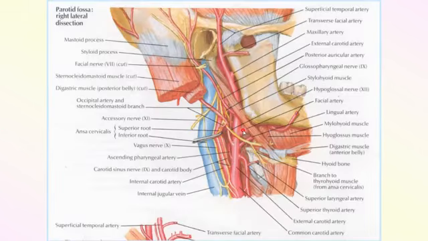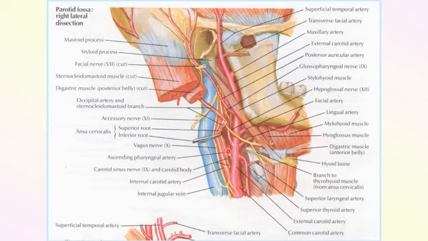So first, let's talk about the ascending pharyngeal artery, which you see right here. The ascending pharyngeal artery is actually going to be the smallest branch of the external carotid artery. And it'll ascend along the pharyngeal wall toward the cranial base, and it's going to be medial to the internal carotid artery.